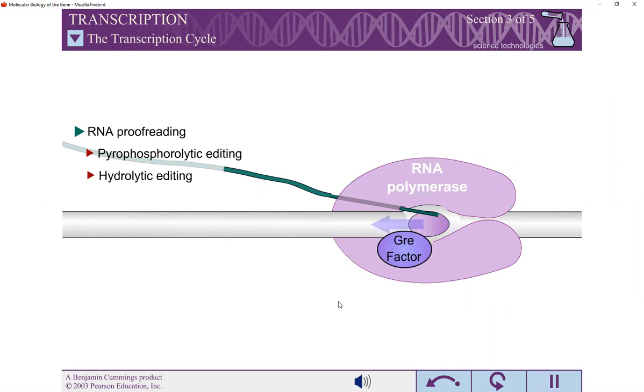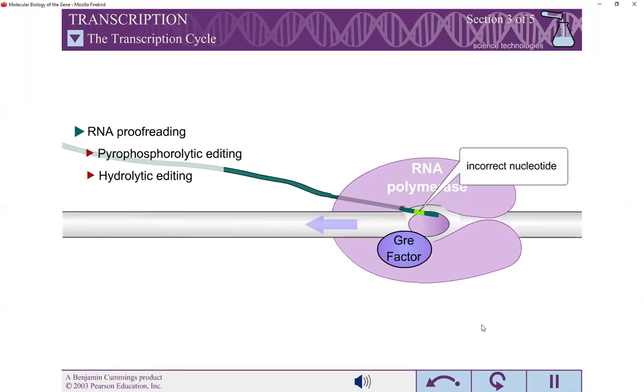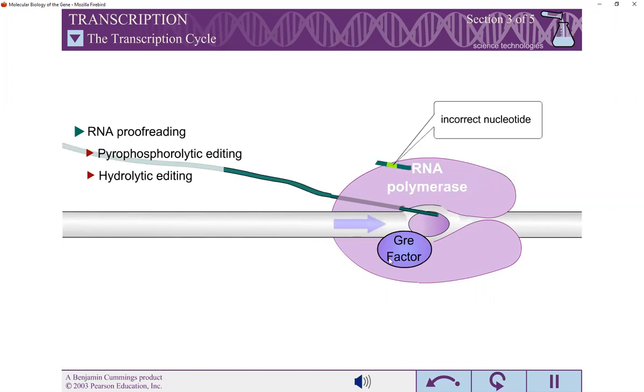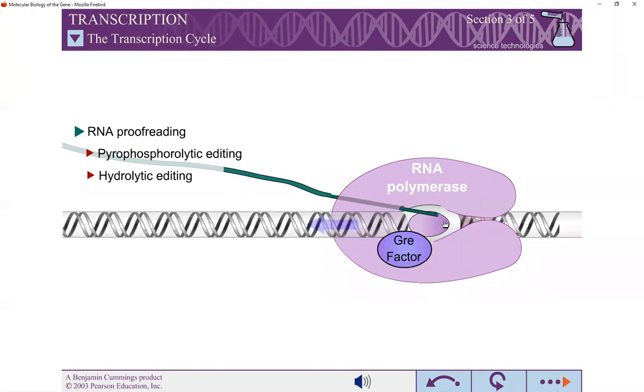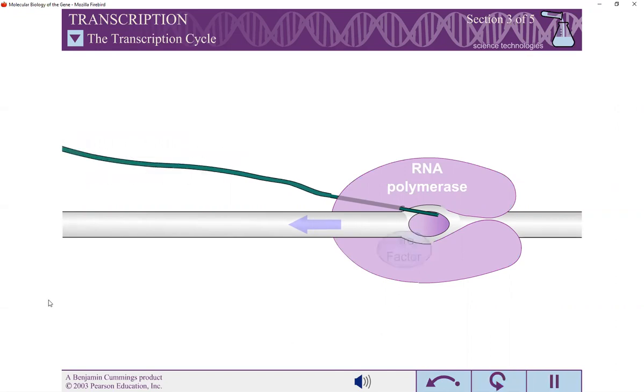In bacteria, hydrolytic editing is stimulated by Gre factors, which also serve as elongation stimulating factors. These specific factors stimulate the process of elongation so that the RNA chain can be elongated further.